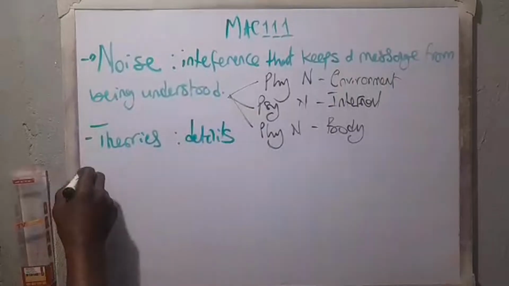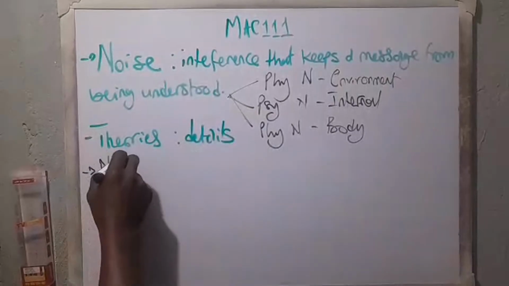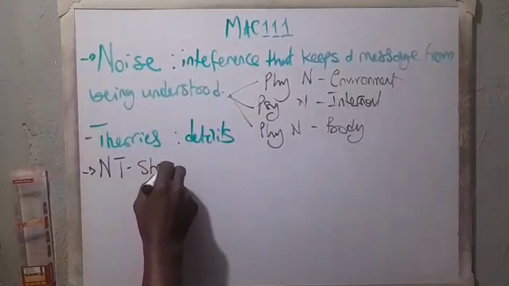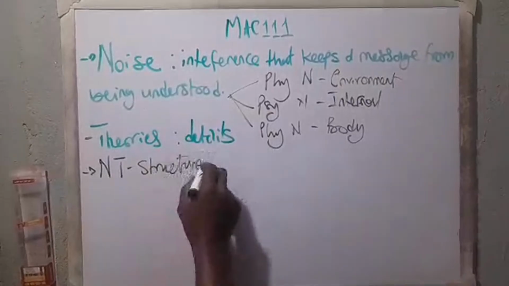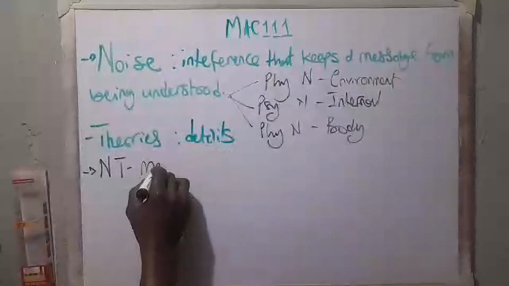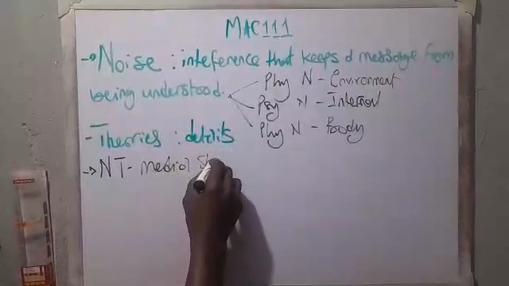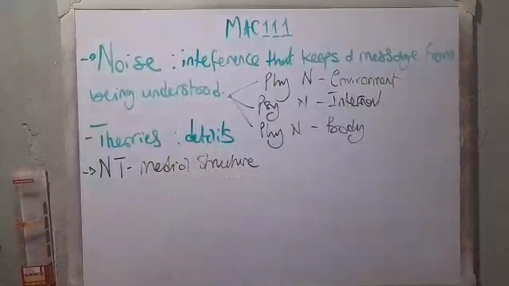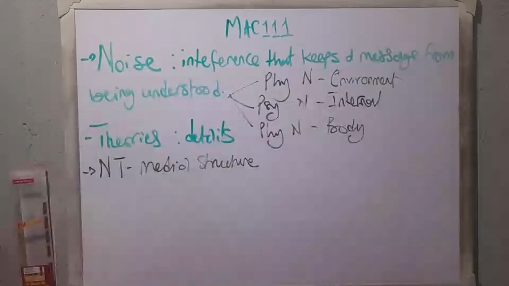So we have the normative theory, which is about structure. It's supposed to be media structure for operation. Authoritarian media theory: this theory is the oldest of the press theories.